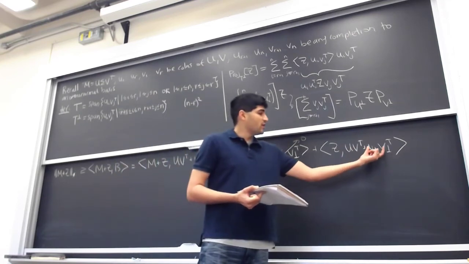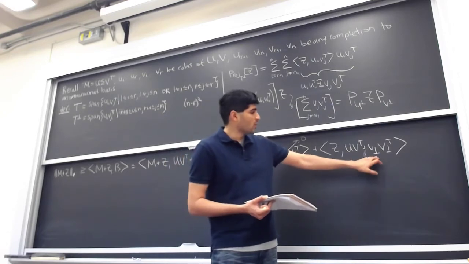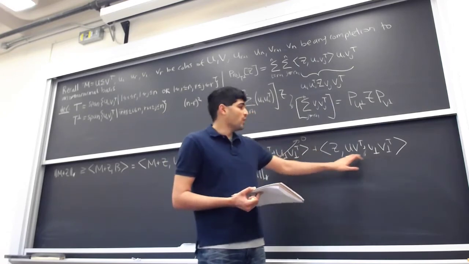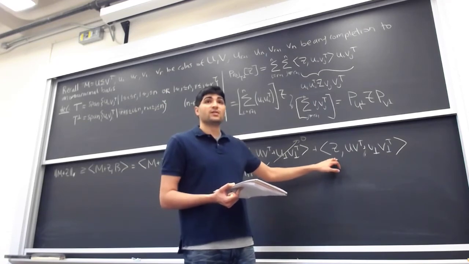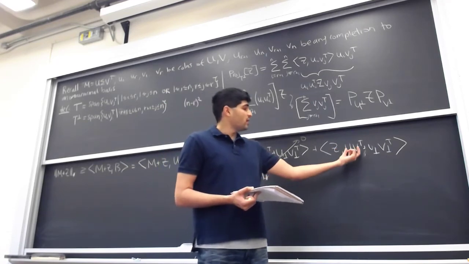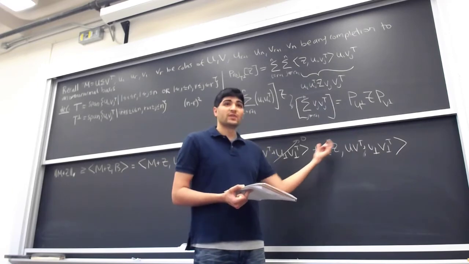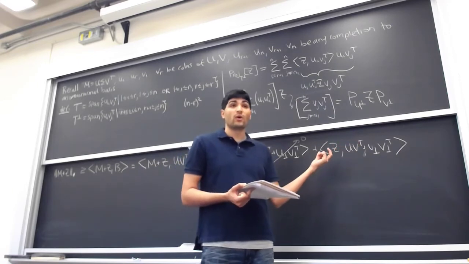But now, this U perp V perp transpose was designed to give me some sort of nuclear norm related to Z. I just want to be sure I haven't swamped it with the other term that I want to ignore.